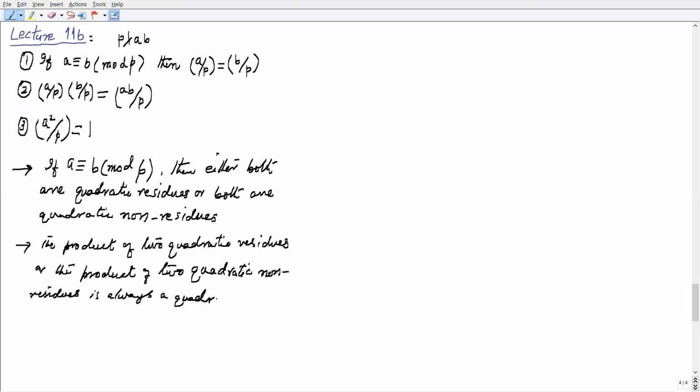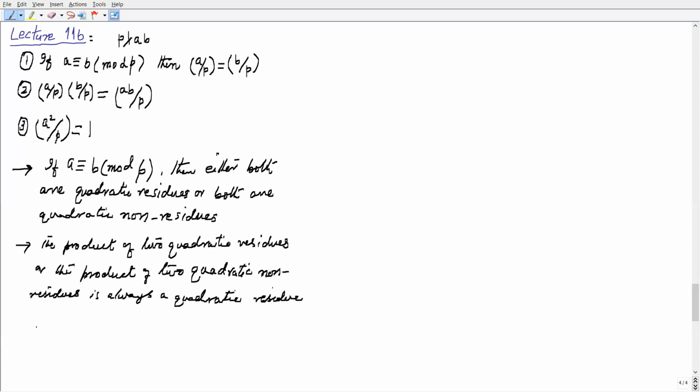It is the same as saying that the product of two positives is again a positive, or the product of two negatives is again a positive number. So always a quadratic residue.